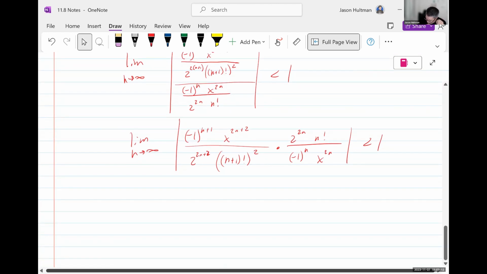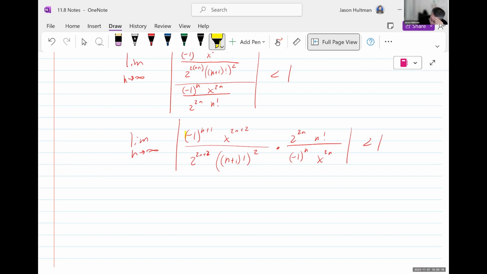Okay. So the (-1) to the n plus 1 and the (-1) to the n, those are going to cancel and just leave me with a -1. The x to the 2n plus 2 and the x to the 2n, that's just going to cancel the 2n's and leave me with an x squared.